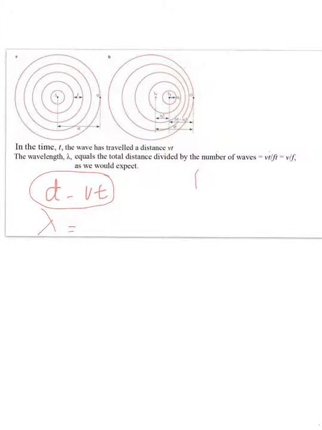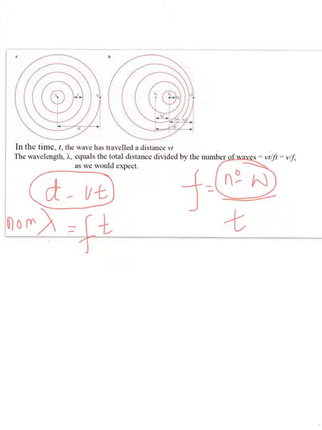Well, if you remember, frequency equals the number of waves divided by t. So if we need to find the number of waves, let me write that properly. The number of waves that we get would be f times t, the frequency times the time.